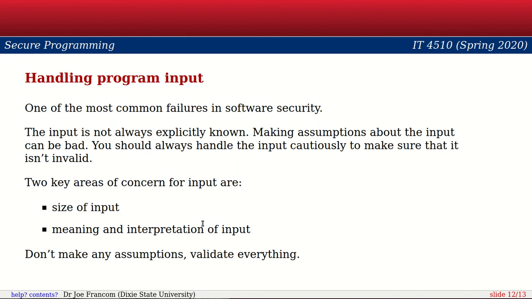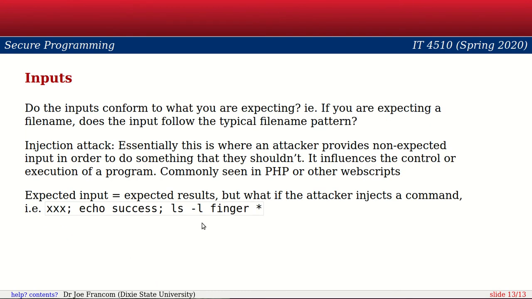So the areas of input that we care about are the size of the input and the meaning and interpretation of input. We kind of already said that: don't make assumptions, validate everything. If you're expecting a file name, does the input follow a typical file name pattern?